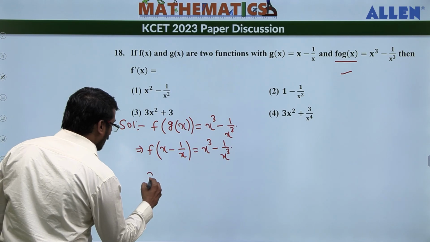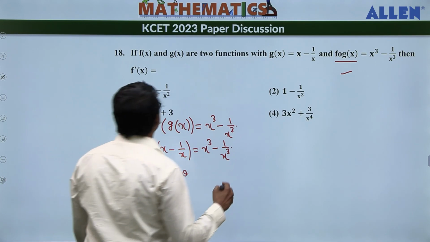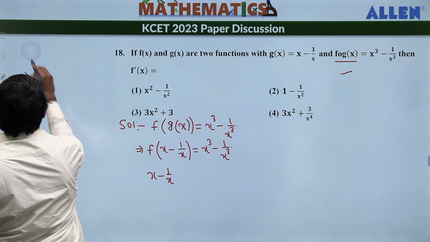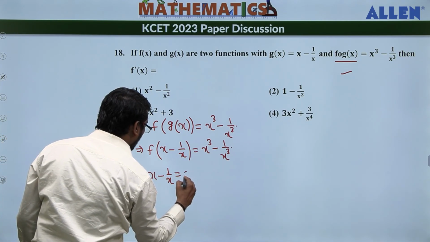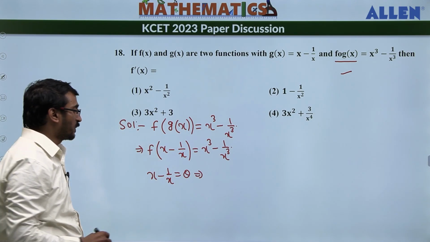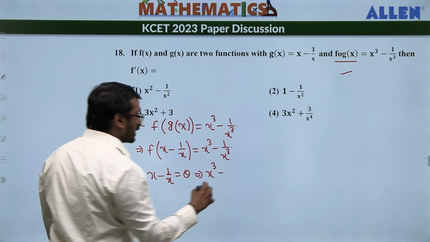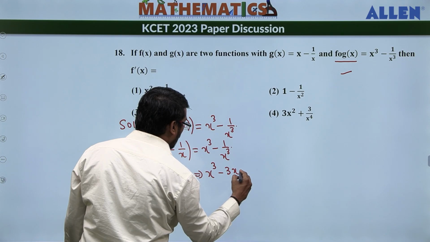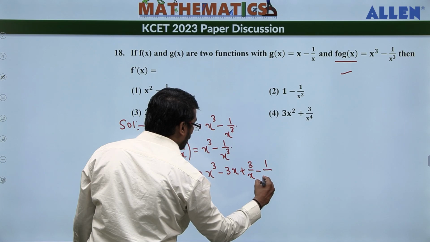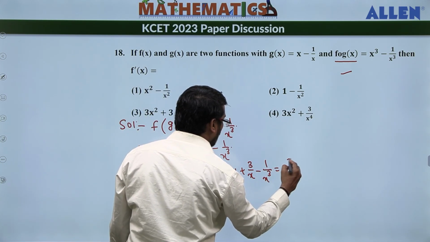Let x minus 1 by x be equal to theta. Take cube on both sides: x minus 1 by x whole cube gives x cube minus 3x plus 3 by x minus 1 by x cube is equal to theta cube.